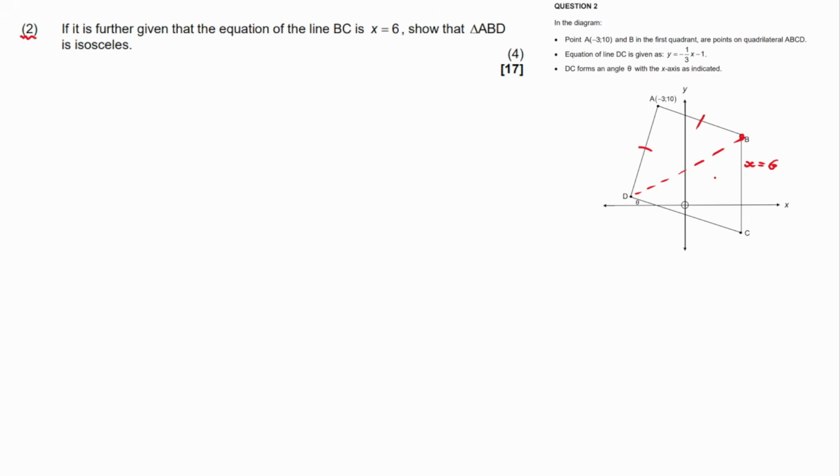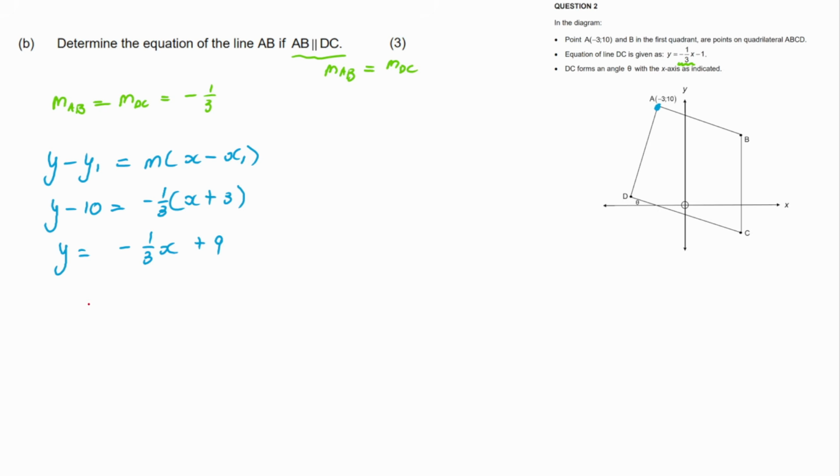So we need to find the distance AB. The problem is we don't know the coordinates of B, but we do know that the x value of B is 6. We just need to find the y value. That's not too bad, because we should have already calculated the equation of line AB. I'm going to pull that up for us. We got the equation of line AB here in part 2.